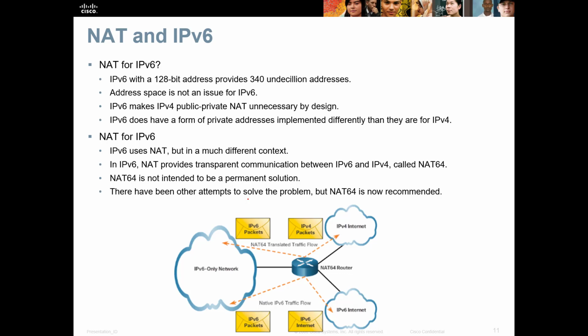But when you cross boundaries, and you may have solely IPv4 networks, you have to have some way to make sure that IPv6 doesn't end up unable to access those, or IPv4s are not able to access IPv6s. Right now, NAT64 is the recommended one out of the whole bunch, but even that one is not permanent.